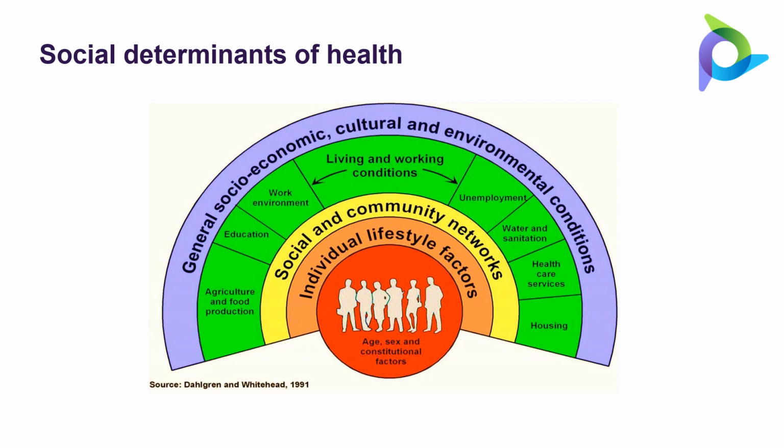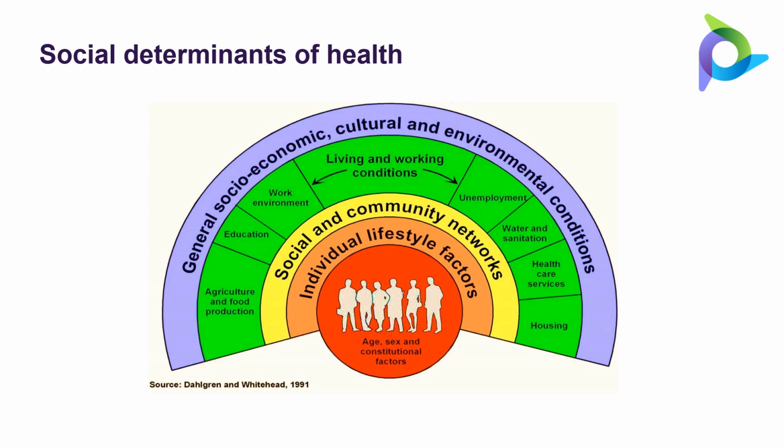I'm sure you're all very familiar with this diagram by Dahlgren and Whitehead 1991, which outlines the layers of influence on health. Dahlgren and Whitehead describe a social ecological theory to health. They attempt to map the relationship between the individual, their environment, and disease.